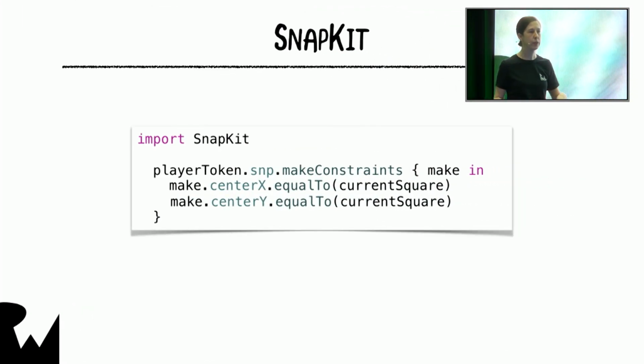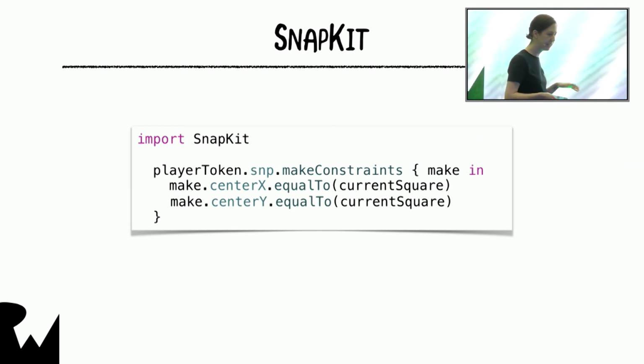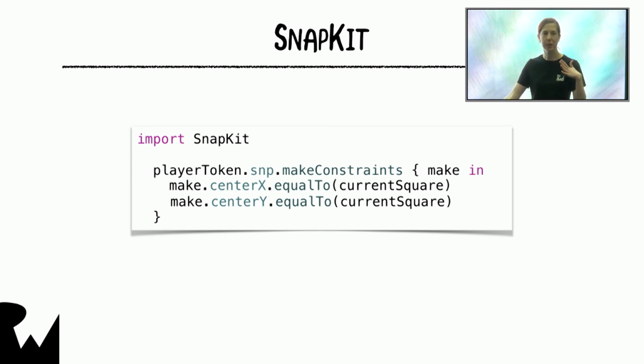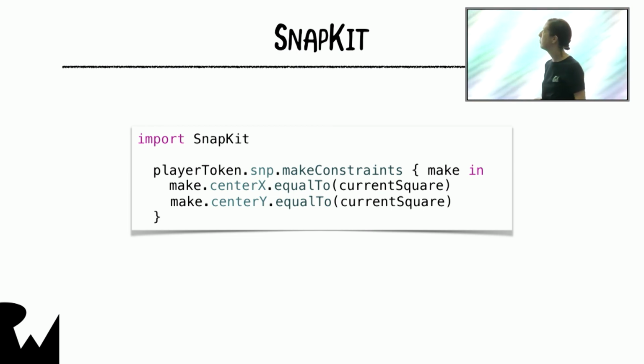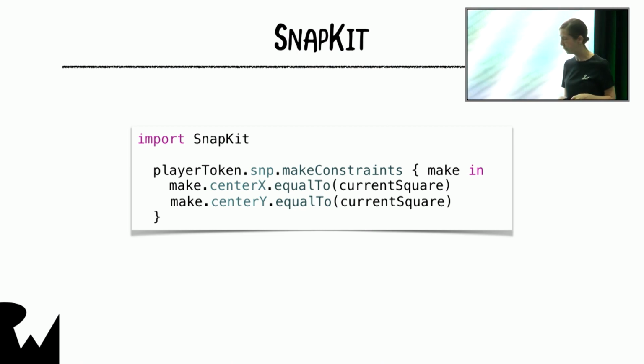And then, getting higher level and probably more concise again, you have the option of using a third-party library to generate constraints in code. There are a number of popular third-party libraries out there. SnapKit is one of them, PureLayout is another. All of them are quite good, and any of the relatively well-maintained libraries I would totally recommend. This just gives you a sense of how to use SnapKit. It's a pretty quick example, but here we're creating some constraints on a player token view.